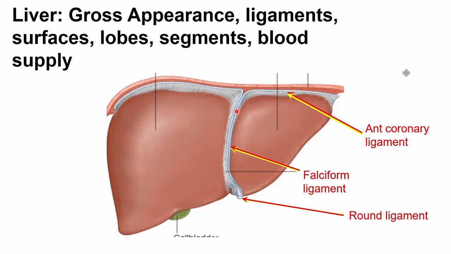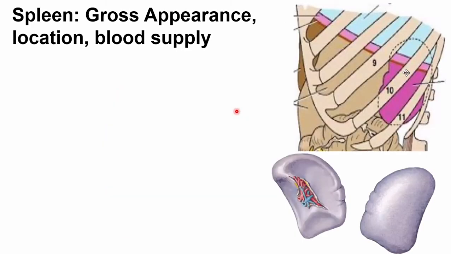We discussed the spleen, the gross appearance, the location, the blood supply. Do you agree that it is the largest visceral organ in the abdomen? Yes, no?